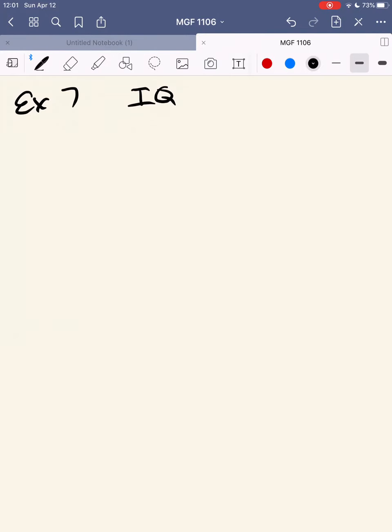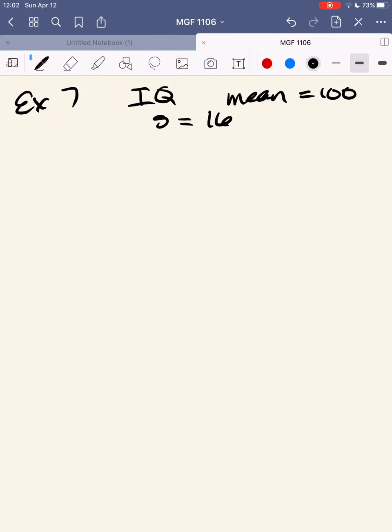On an intelligence test, the mean is 100 and the standard deviation, which is small s, is 16. I want to find the IQ corresponding to these z-scores.